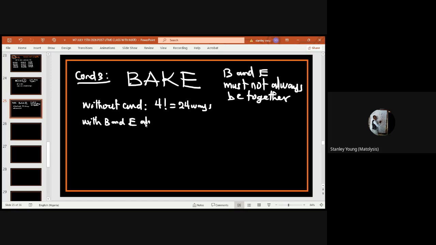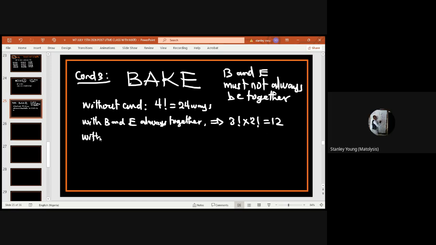With B and E always together, we would have 3 factorial times 2 factorial. Do you agree? Which is 12.